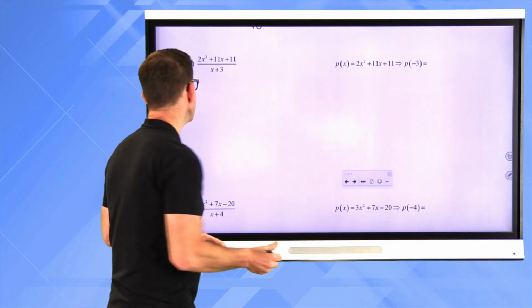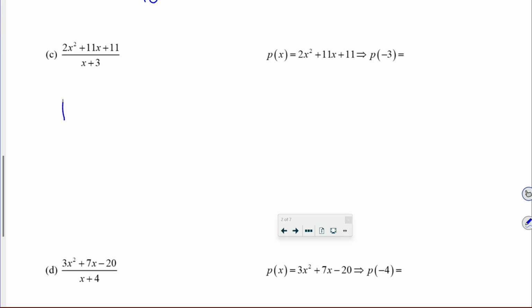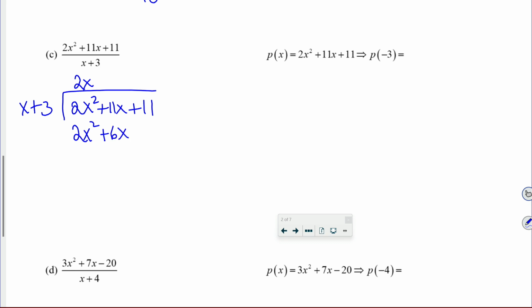All right, let's go through it. So we have 2x squared plus 11x plus 11, love it, divided by x plus 3. To match those up, I'll have a 2x here. That'll be 2x squared plus 6x. Negate and add, those cancel. 11x plus negative 6x is 5x plus 11. Then I'll have plus 5 here.